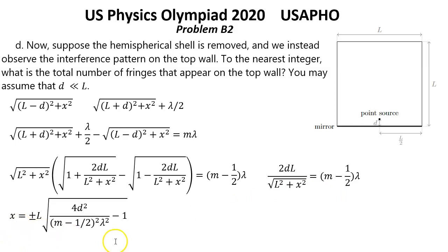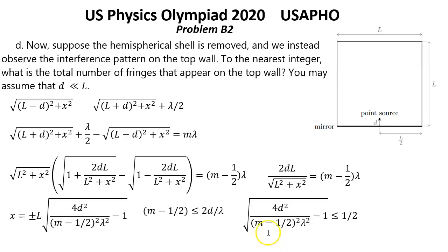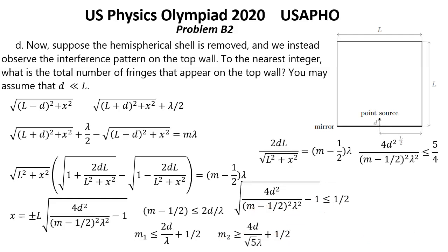x equal this expression. For x to be physical, we require that m minus 1/2 be less than or equal to 2d over lambda. Maximum x is allowed to be L over 2, so we have this inequality. From here we can find that we have this inequality, and finally we have two conditions.